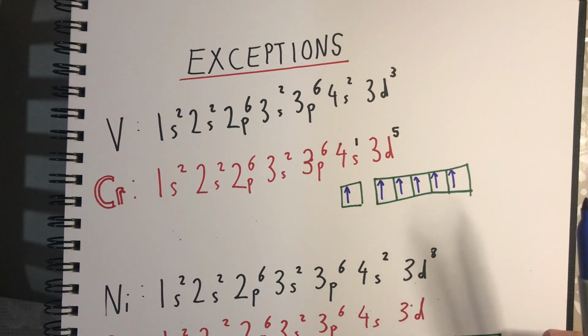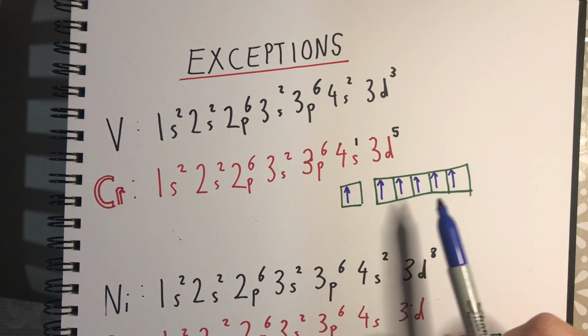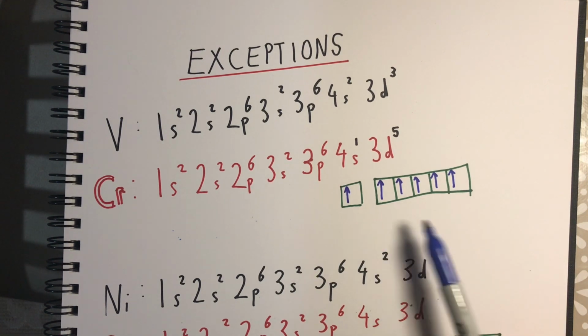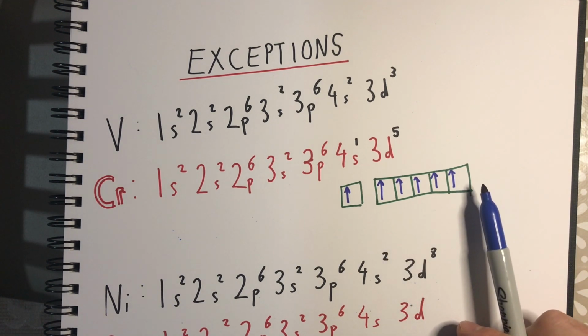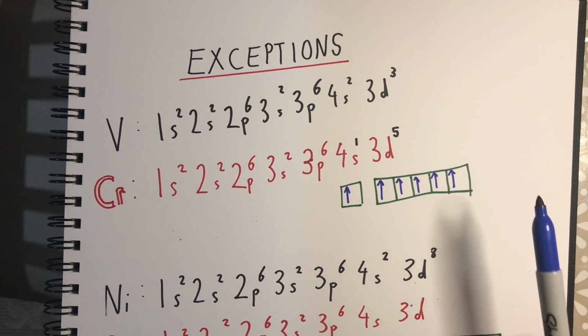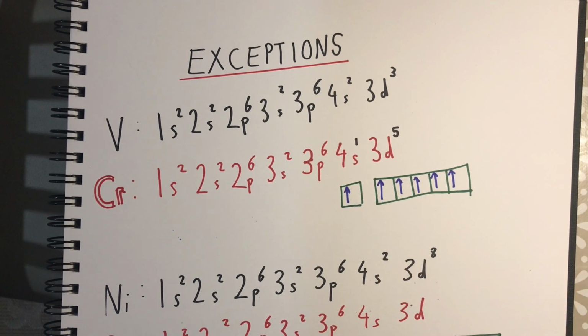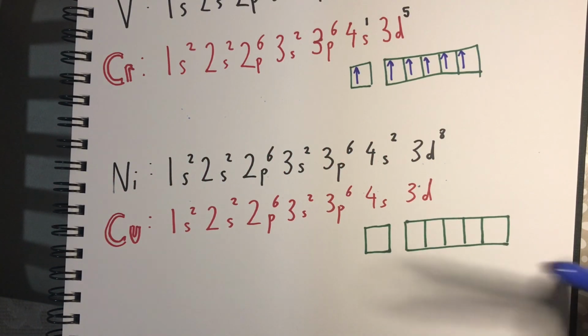And a half full d subshell is more stable than one that has, let's say, 4 or 6 electrons within it. So this arrangement is actually a more stable arrangement for chromium, hence why one of the electrons is promoted in this situation. The other example of the exception is copper.